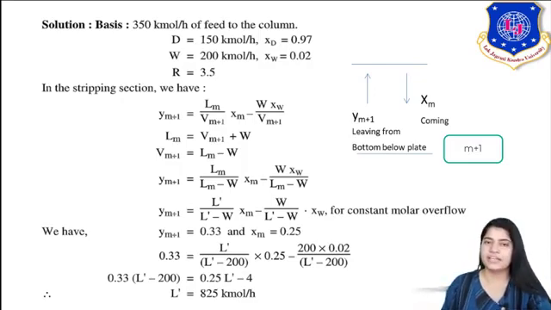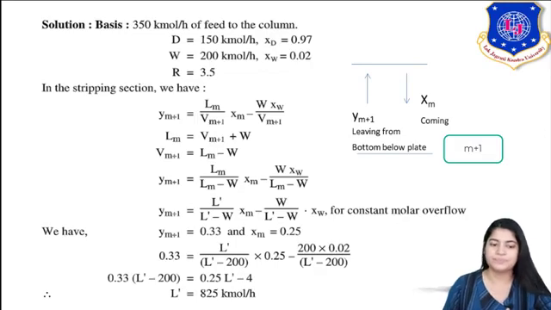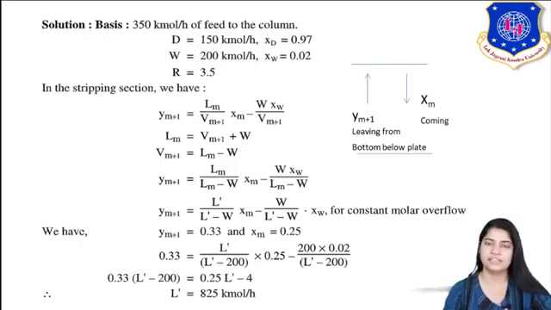Instead of Lm, I can substitute Vm+1 plus W. Thus the final stripping line equation is Ym+1 = (Lm/(Lm - W)) Xm - (W xW/(Lm - W)). So this is the operating line of the stripping section.